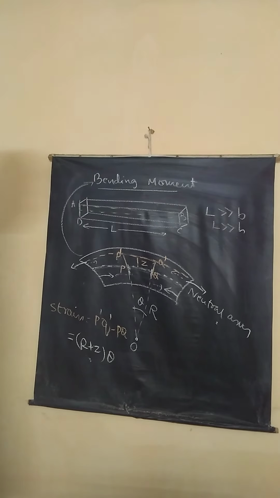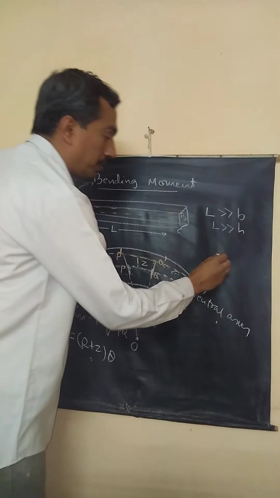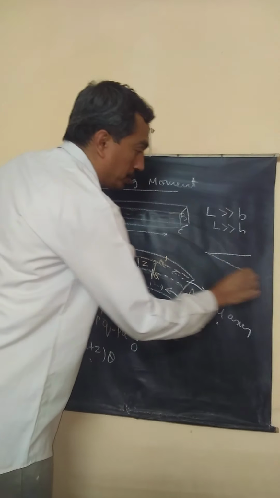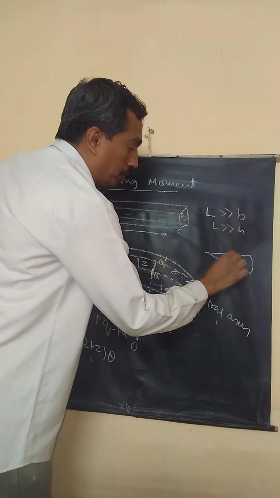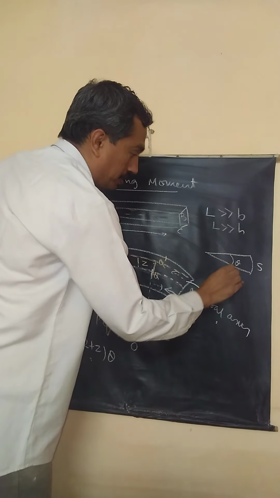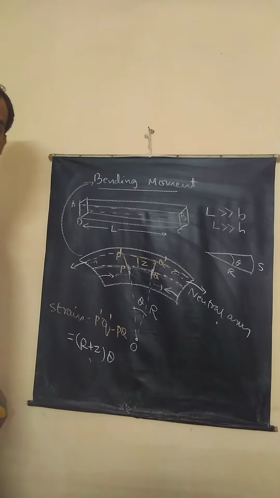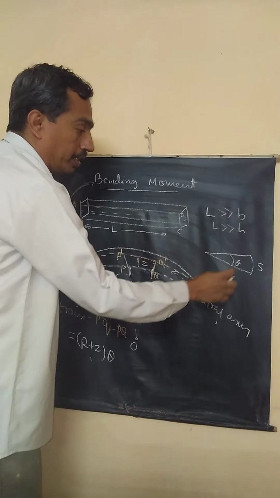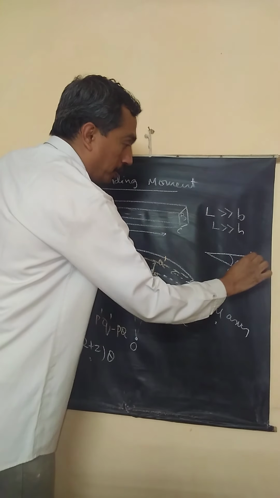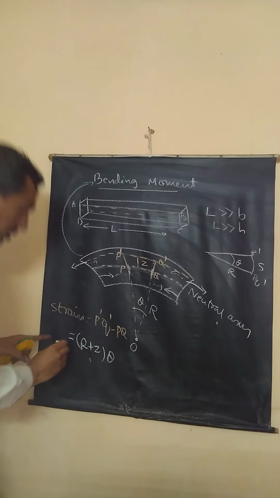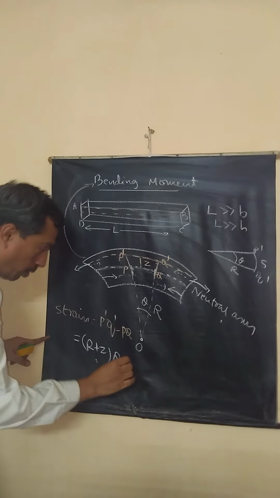How do I write this? I used this in the previous lecture also. Suppose this is theta, this is S, this is R. S is equal to R into theta. In our case now, this is P prime Q prime. Similarly, what is PQ?